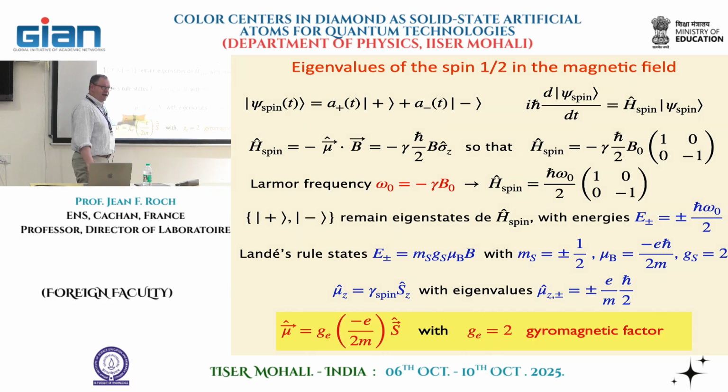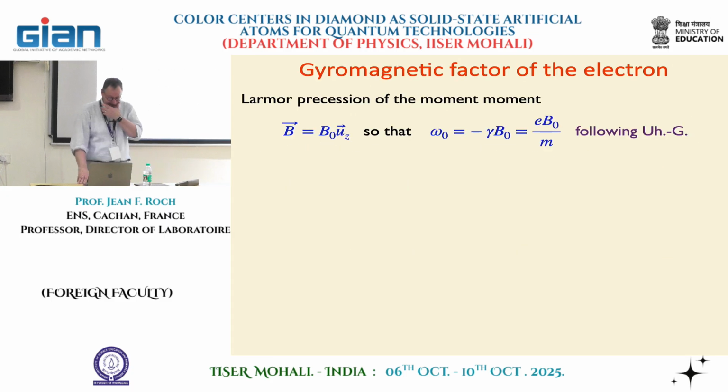I can simplify and simply take into account the formula, remind the formula, which tells me that mu, the magnetic dipole associated to the spin 1/2, is equal to minus the charge of the electron, since I have a negative charge, e, divided by the mass times S, the value of the angular momentum, h bar over 2, on projection of a given axis. But I want to keep that. And I will try to explain what is the physics behind that.